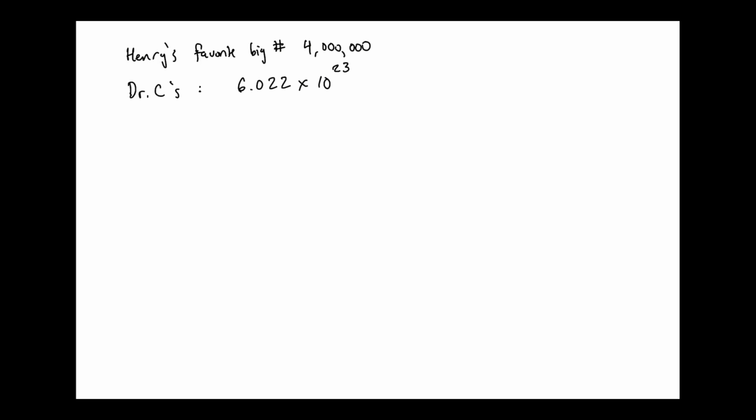I mean, 4 million's big. 6.022 times 10 to the 23rd is really big. But could I have taken Henry's 4 million and written it like I wrote Avogadro's number? Yeah, I could. And what would it be? It'd be 4.0 times 10 to the what? Sixth. Great.